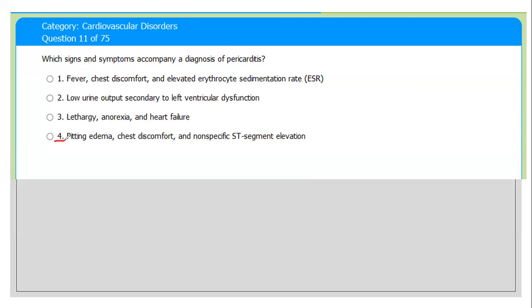Definitely, number 4 is not the answer. Why? If a patient has severe heart failure, maybe pitting edema is common. Chest discomfort is common for pericarditis, but ST segment elevation is more common in myocardial infarction, not pericarditis.